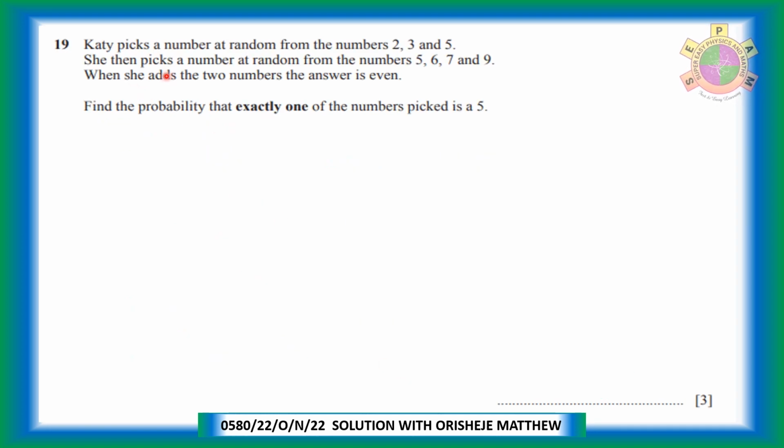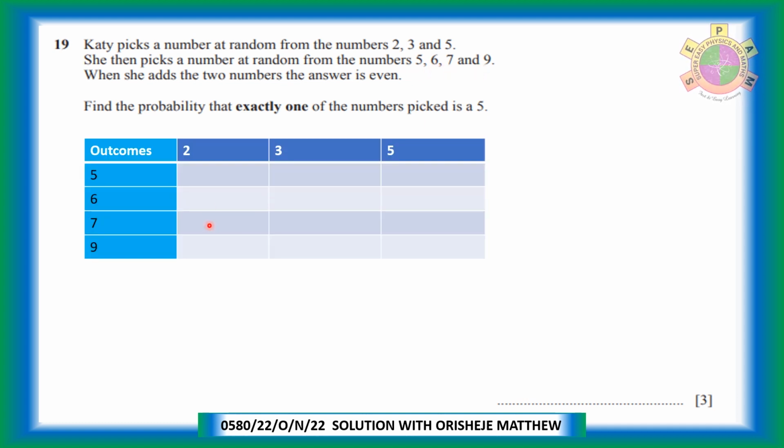Question 19. Kate picks a number at random from the numbers 2, 3, and 5. She picks a number again at random, the second number from 5, 6, 7, and 9. So let's draw the outcome table. The first one she picked from 2, 3, and 5.